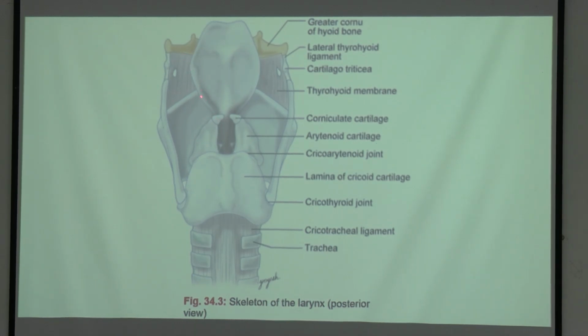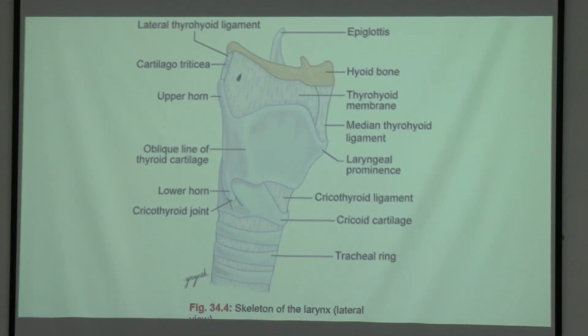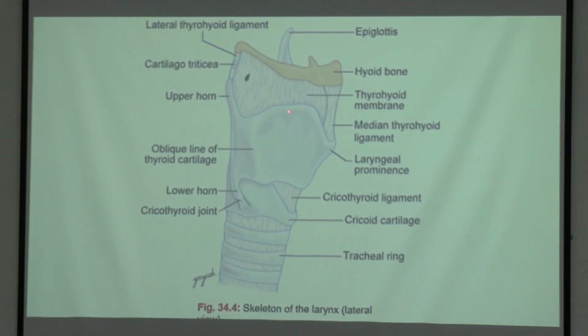They are basically present within this fold, which is called the aryepiglottic fold, between the arytenoid and the epiglottis. Within it we can get the corniculate and cuneiform cartilages.